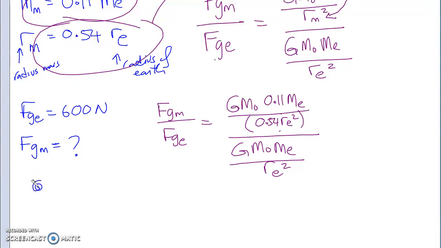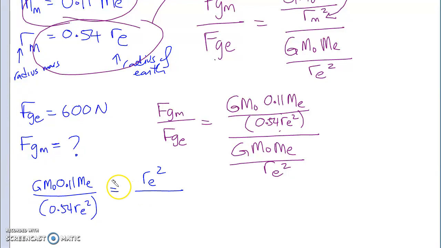So big G, mass of object, 0.11 mass of Earth divided by 0.54 radius of Earth squared equals RE squared times, divided by G MO ME.